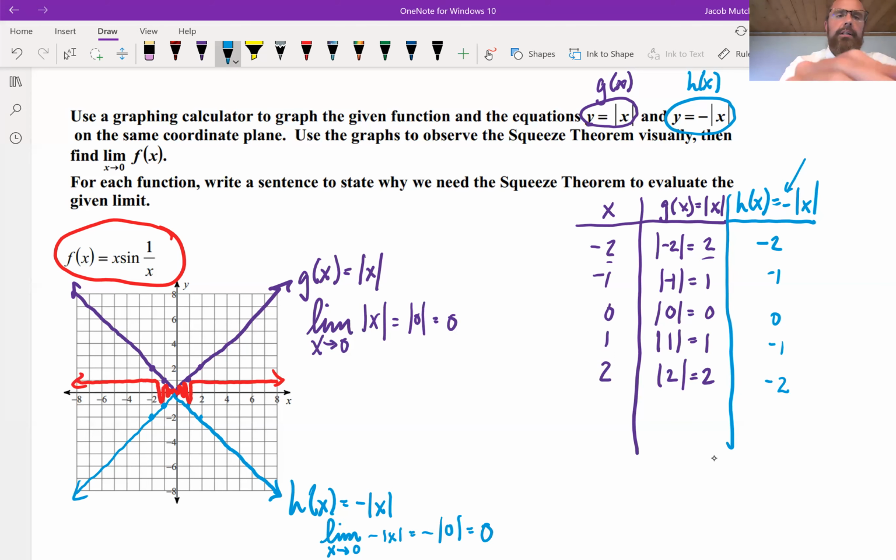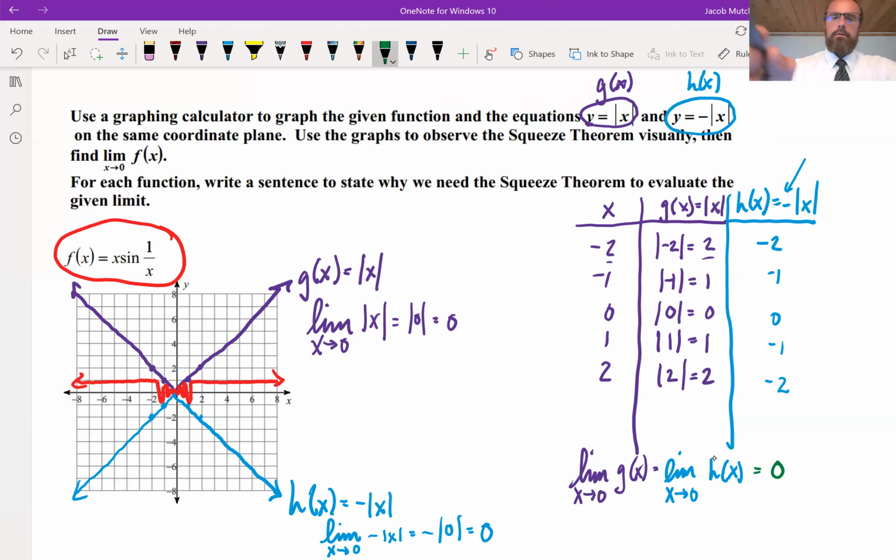So what we're seeing is this statement: the limit as x approaches 0 of g of x equals the limit as x approaches 0 of h of x. And that value is 0.